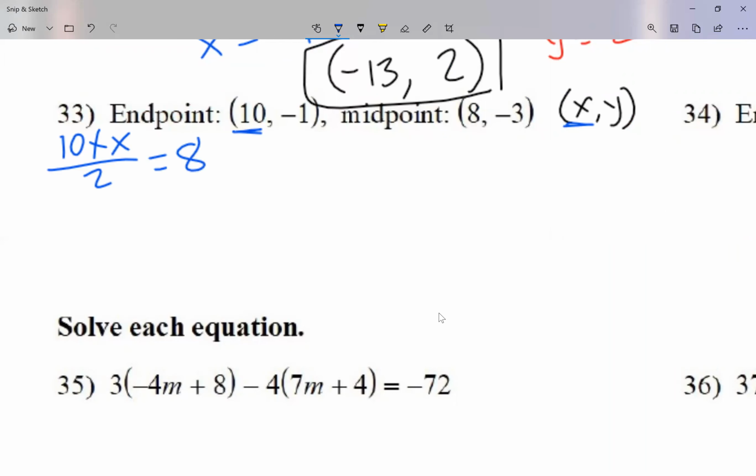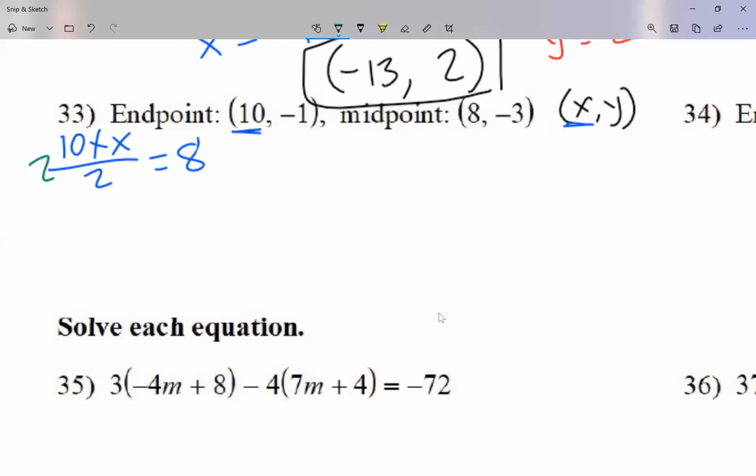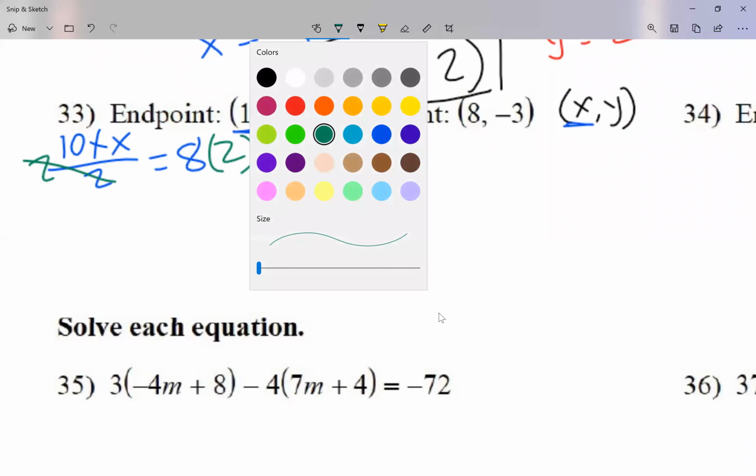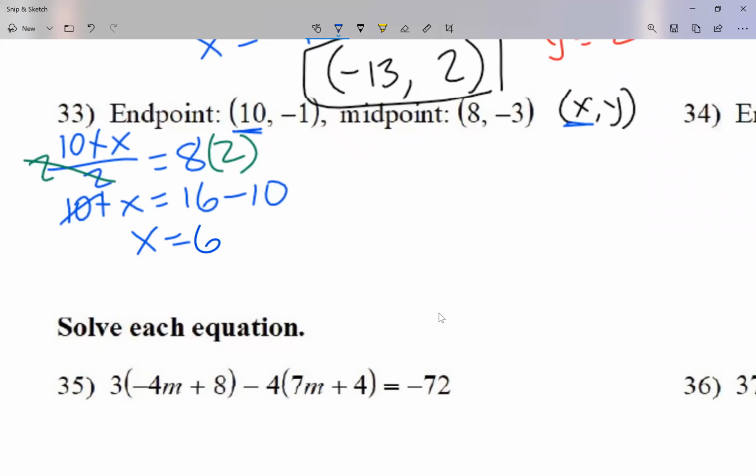Don't want to have fractions, so let me multiply both sides by 2. So I get that 10 plus x is equal to 16. The positive 10, let me move it to the other side as a minus 10. So I get that x is equal to 6. Right? 16 minus 10 is 6.